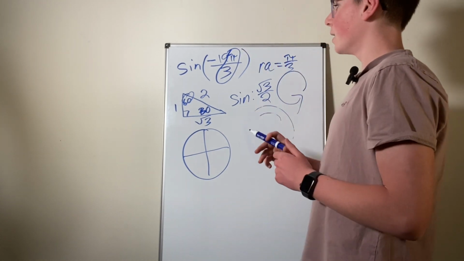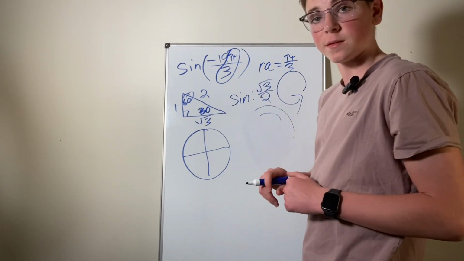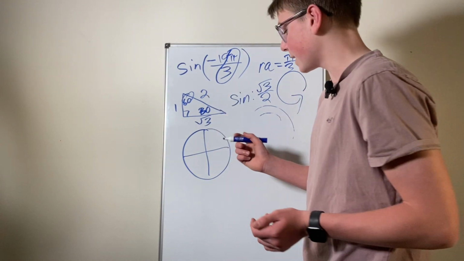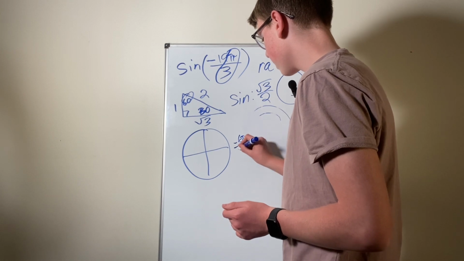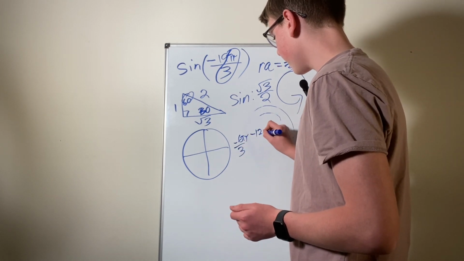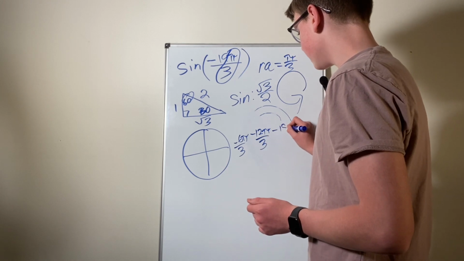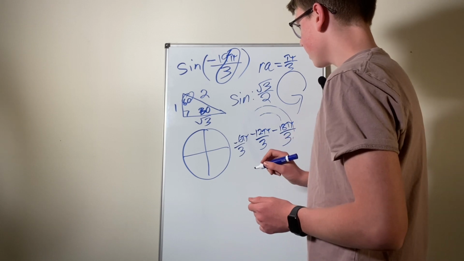So I know a full rotation, again, will be negative 6 pi over 3 because it's like 6 pi over 3, but if it's negative, you still get the same thing. So negative 6 pi over 3. Then there's also negative 12 pi over 3. Then there is negative 18 pi over 3.